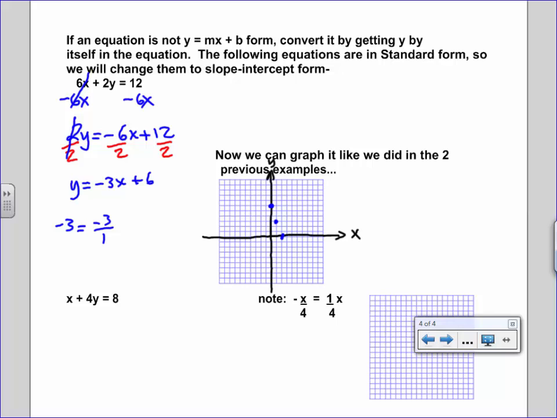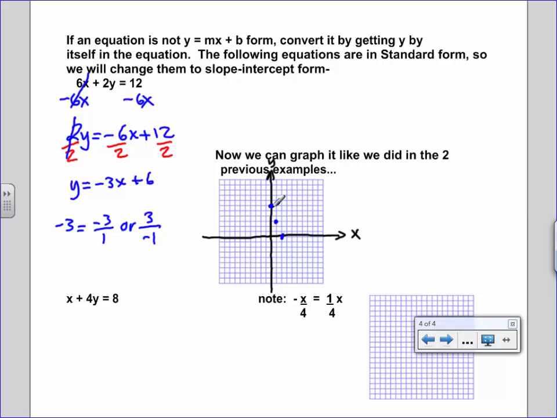Now, something to note here. You can say, well, negative 3 is negative 3 over 1, or you could also make it 3 over negative 1. If you have one negative, either one of these is equal to negative 3. This will still fall on the same line. This will tell you to go up 3 because it's positive, and then left 1 because it's negative.